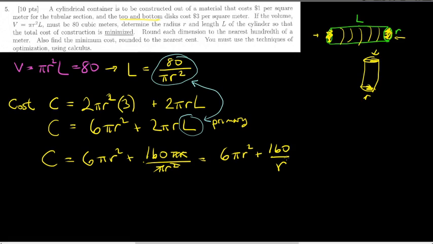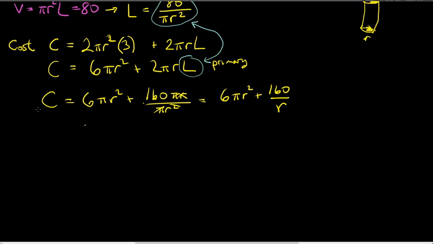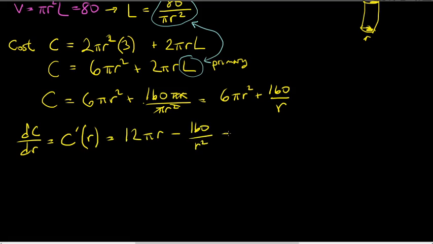Okay. So now it's totally just a function of r, which means we can take the derivative. So you do the derivative of C with respect to r, or if you prefer, C prime of r. And you're just going to get 12 pi r minus 160 over r squared.